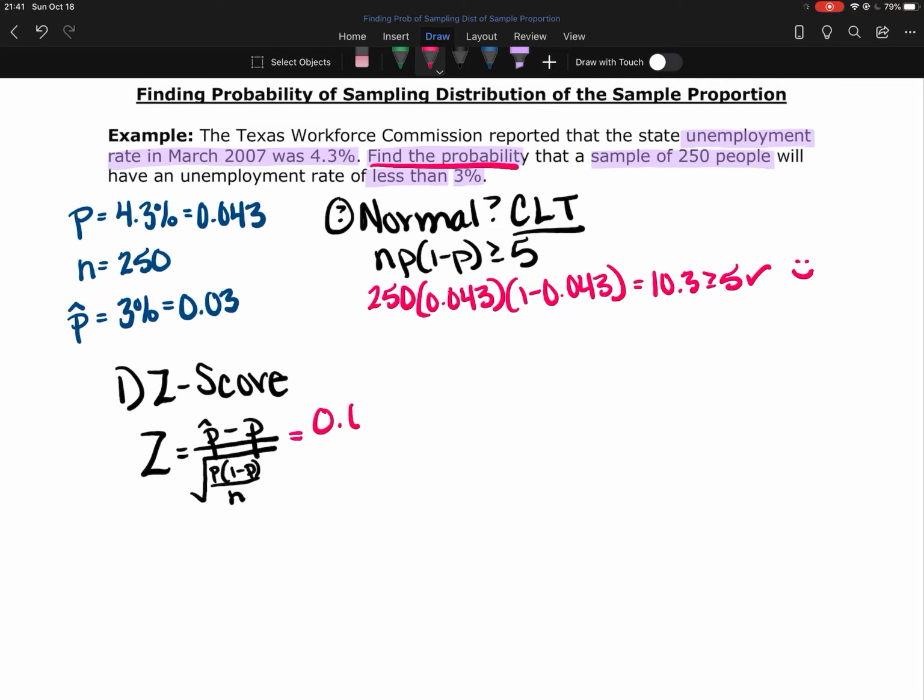So our p hat is 0.03, p is 0.043, divided by the square root of 0.043 times 1 minus 0.043 over 250.